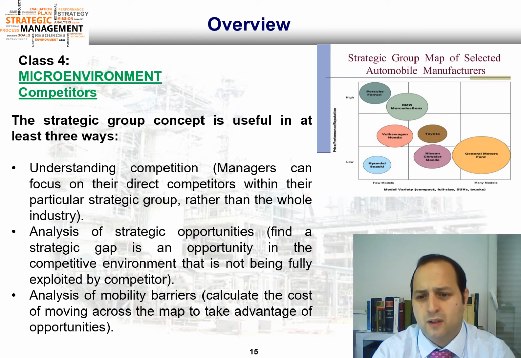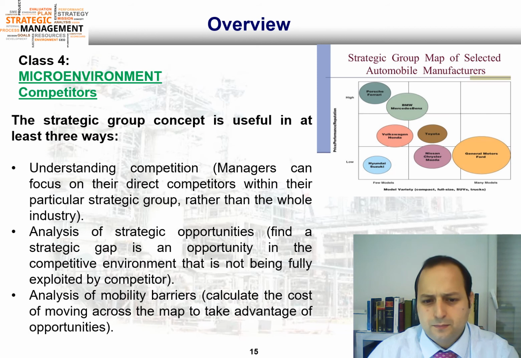If Ford wants to compete with Porsche and Ferrari, it has to move across the map, and it's going to have a lot of entry barriers to move across the map. By doing a strategic group map, you are going to be able to calculate the cost of moving across the map to take advantage of such opportunities. So the concept of strategic group map is very important in business strategy.